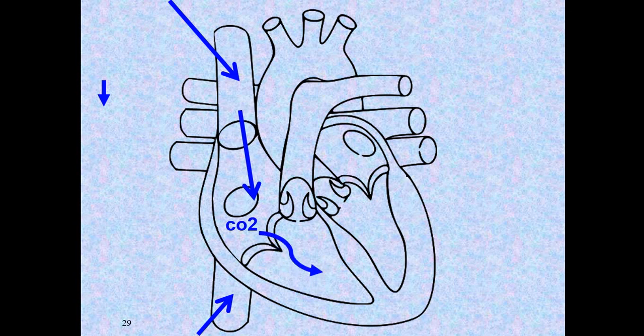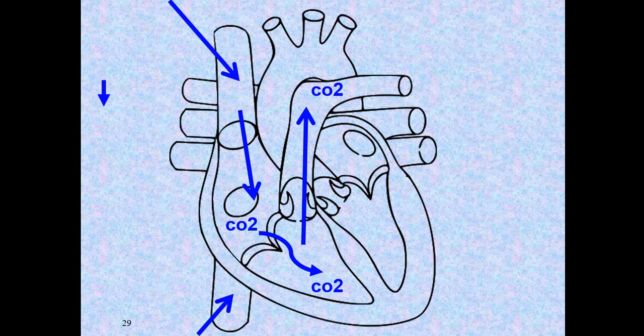And then the right atrium lets the blood pass to the right ventricle. So now the right ventricle contains blood rich with carbon dioxide, and then the right ventricle will pump, or push, all the blood through the pulmonary artery. This is the pulmonary artery.